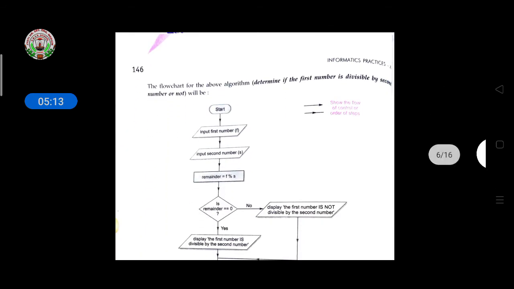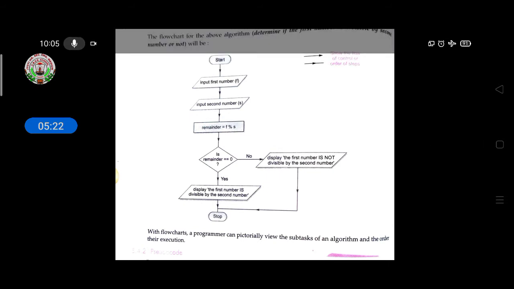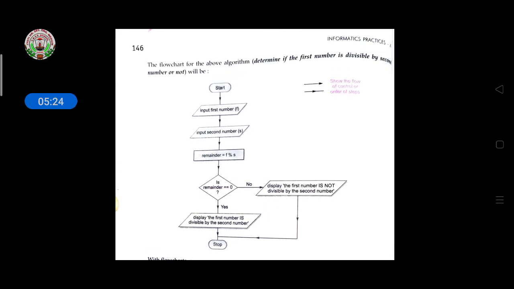Then here is the flowchart for the above algorithm, which determines if the first number is divisible by the second number or not. It will start like this. Here start is given, then the first number, then the second number, then the third is given: remainder equals the first number divided by the second number.